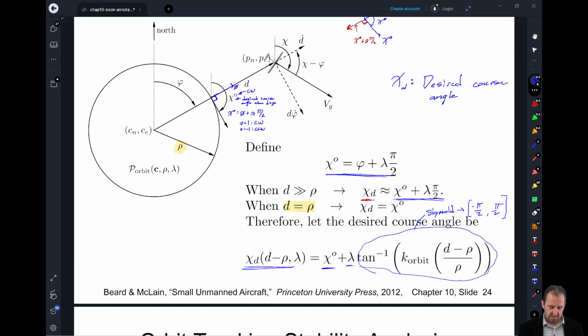So with d out to infinity, we get our orbital course angle plus lambda times pi halves: pi halves at infinity, negative pi halves at negative infinity.